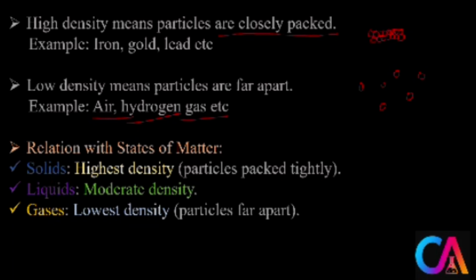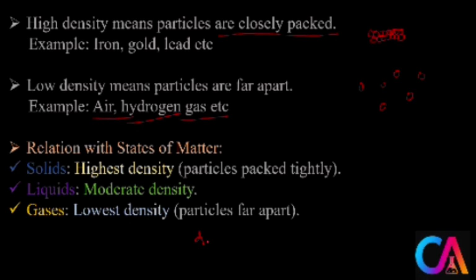First one is solid. Solid has the highest density because the particles are closely packed. Second come liquids, which have moderate density, lying in between solid and gas. Sorry. Gases possess the lowest density. That means the particles are far apart.